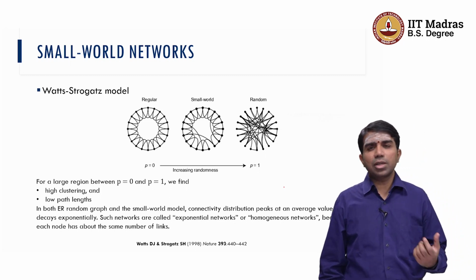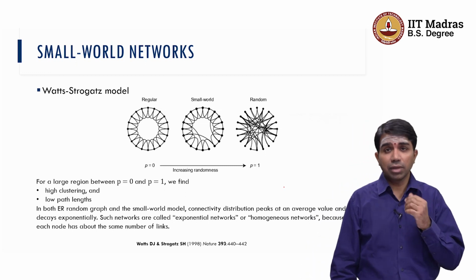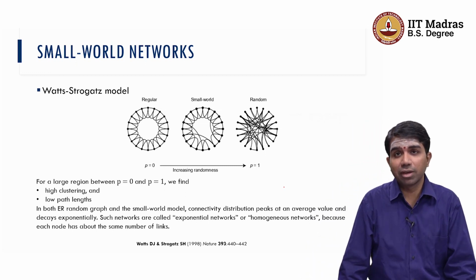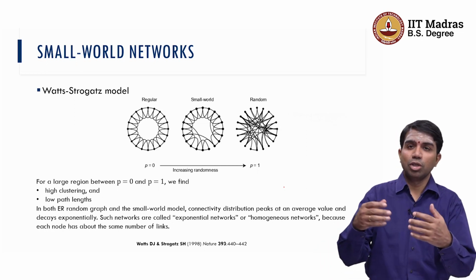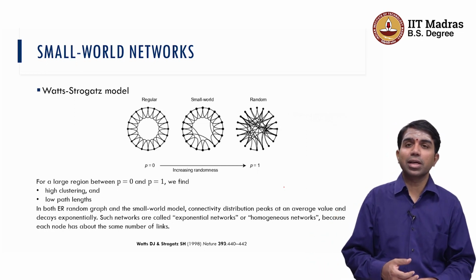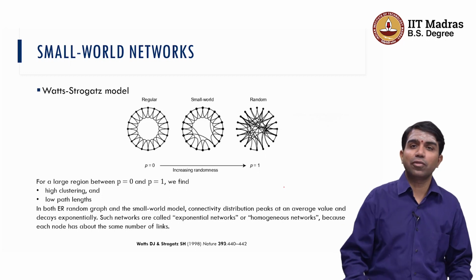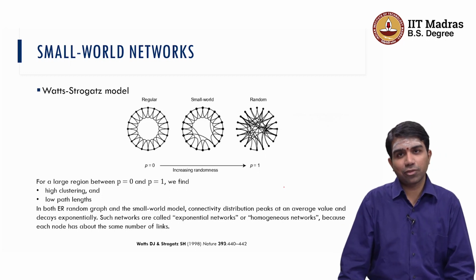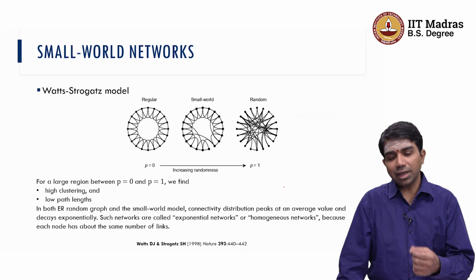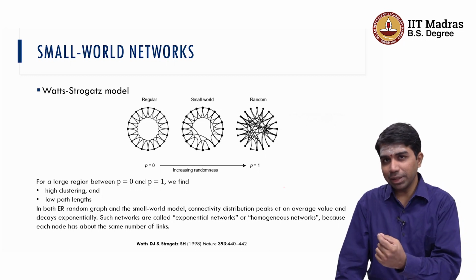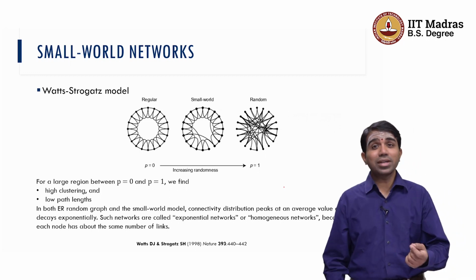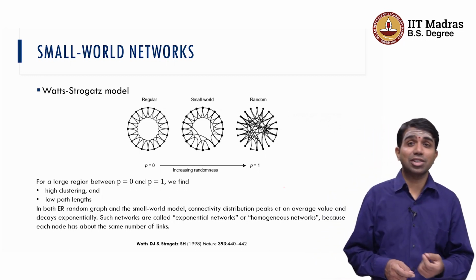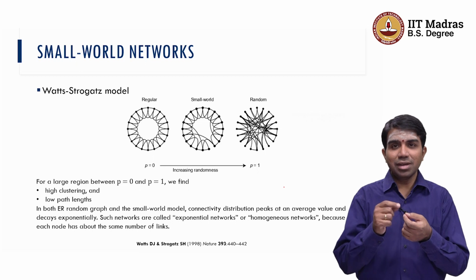Are real world networks clustered? You must be very familiar with the phrase small world. When you go to some place and you meet a bunch of people, you realize that, oh, I already know this person from some other walk of life, which is basically that A knows B, B knows C, but then A also knows C. If you recall, when we looked at clustering coefficients, we said this is what a cluster is.